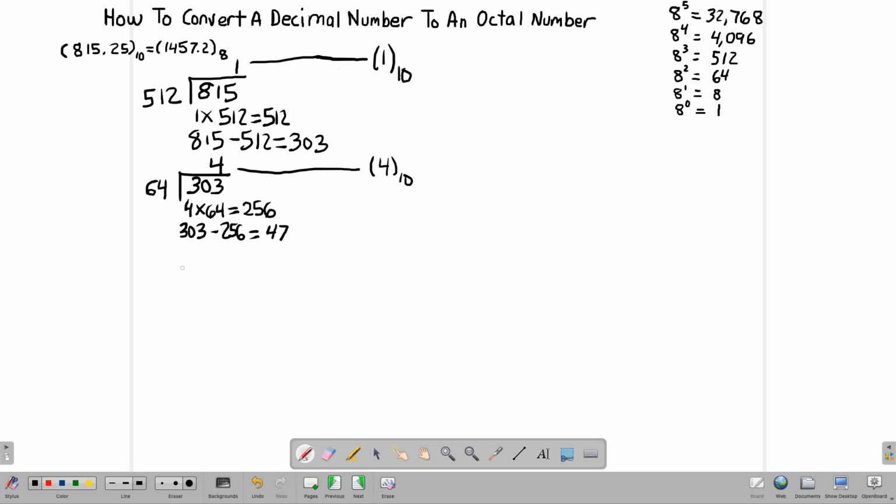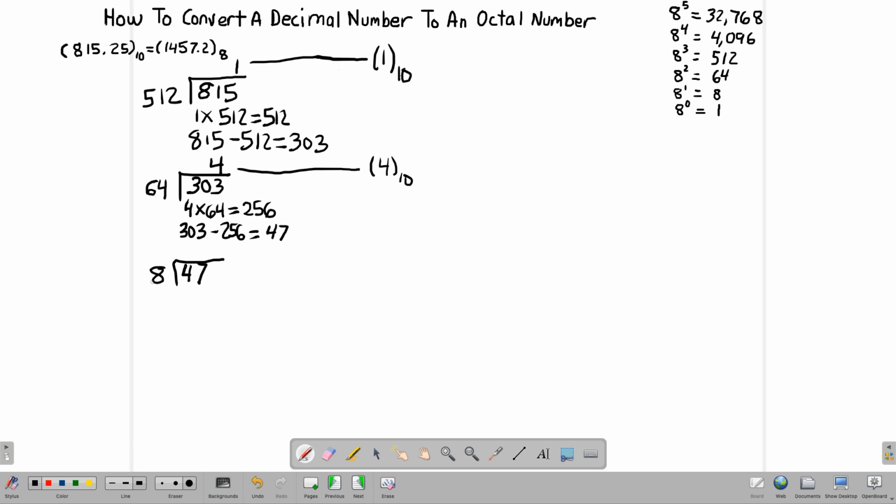We continue to divide. We have the value 47. We also want to divide this by a multiple of 8. We want the highest value without it being greater than 47. We used 512, we used 64, and the next one is 8 to the 1st power, which will produce the value 8. 47 divided by 8 is 5 times.